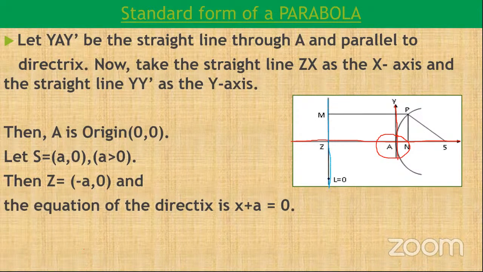Now our Z is (-a, 0). Through this point (-a, 0) the directrix is passing, and the directrix is parallel to the y-axis. Therefore, its equation will be x equal to minus a, or x plus a equal to 0.